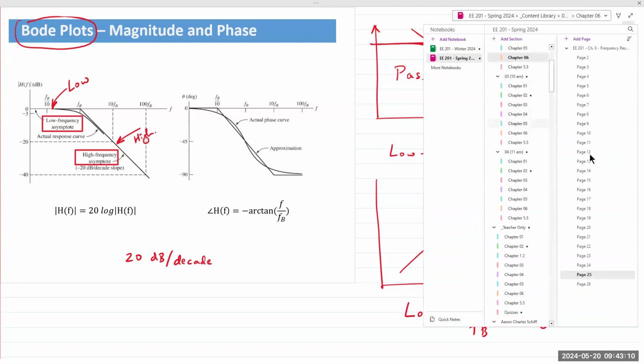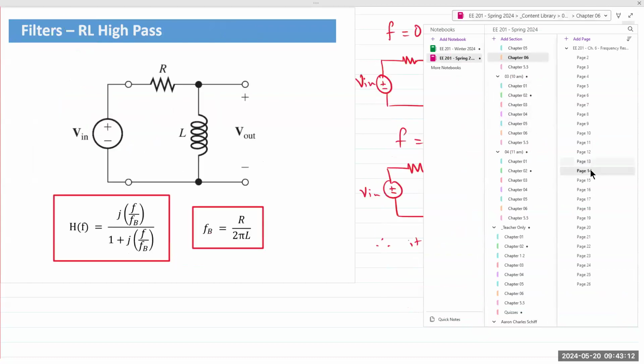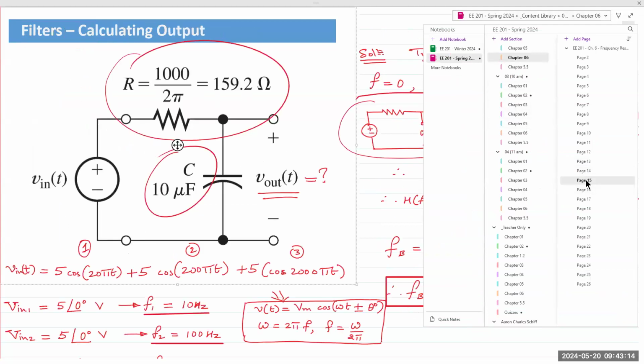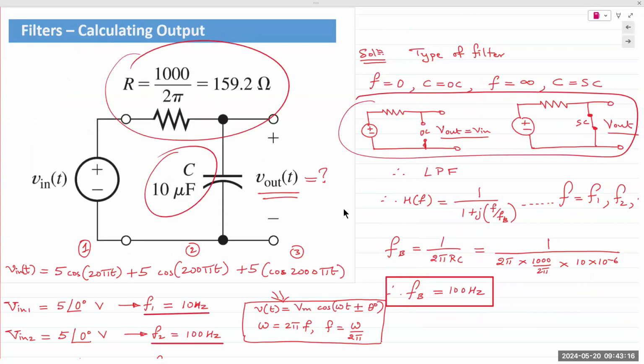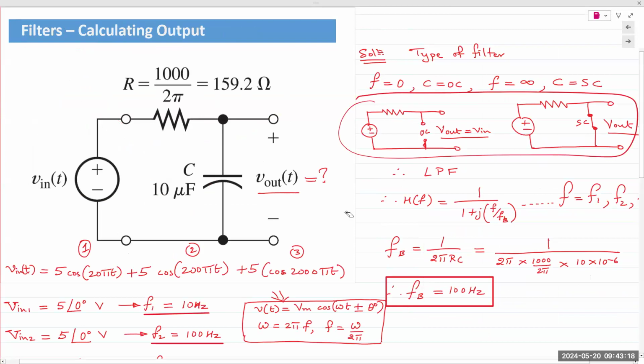So early on in this chapter, we looked at a problem where the transfer function of a system was described to us graphically. The magnitude and phase plots were given to us. An input signal was given to us, and we were asked to determine the output voltage, right?